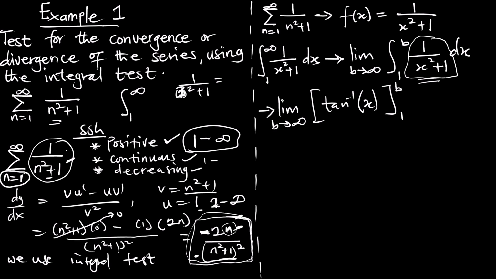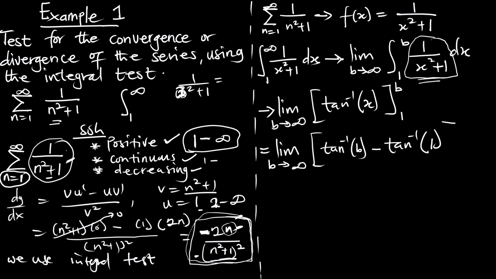So we have the limit as b approaches infinity of tan inverse of b minus tan inverse of 1. Are we good? All right.